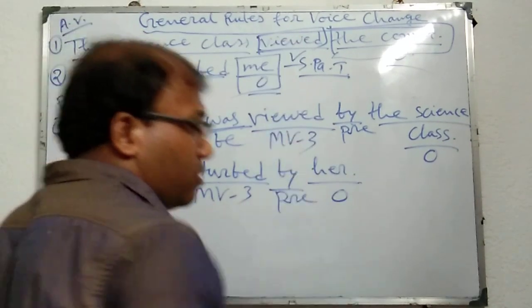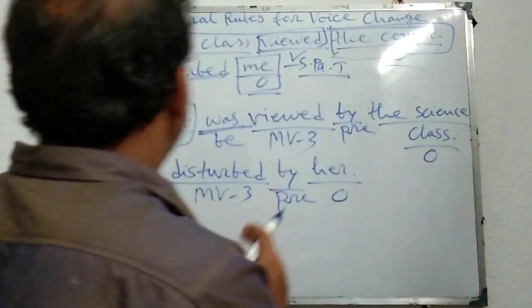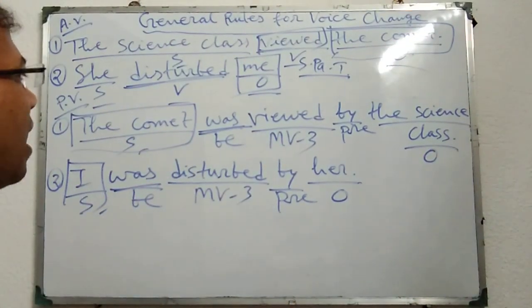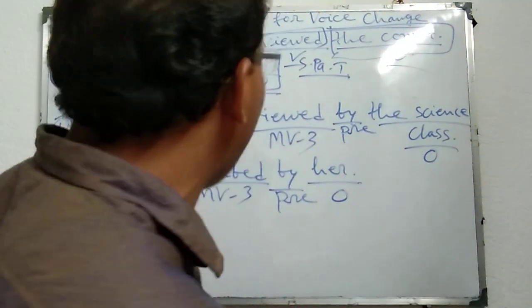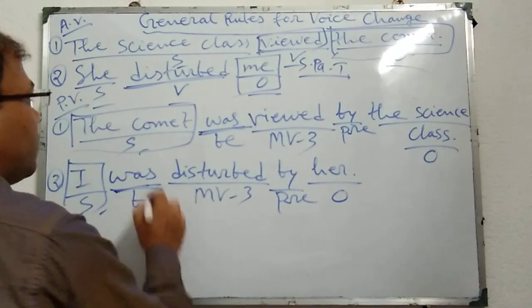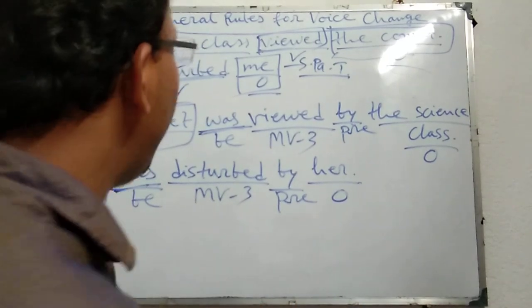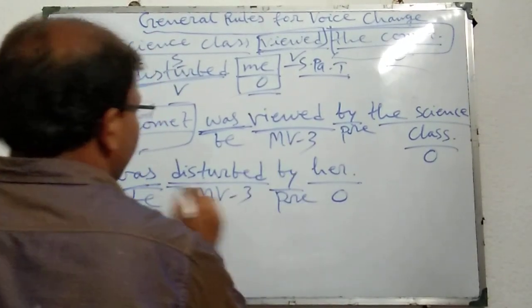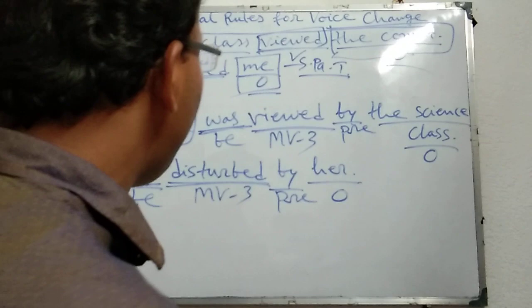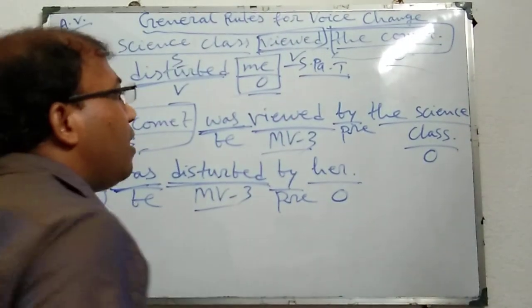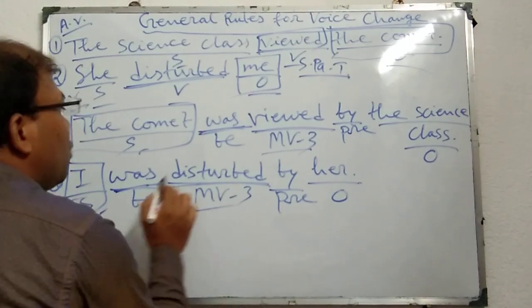According to the tense of the verb in the active voice, we have to place an appropriate form of be verb in the passive voice. And after the be verb, we have to place MV3, that means main verb third form or past participle form of the main verb. This is rule number 3.